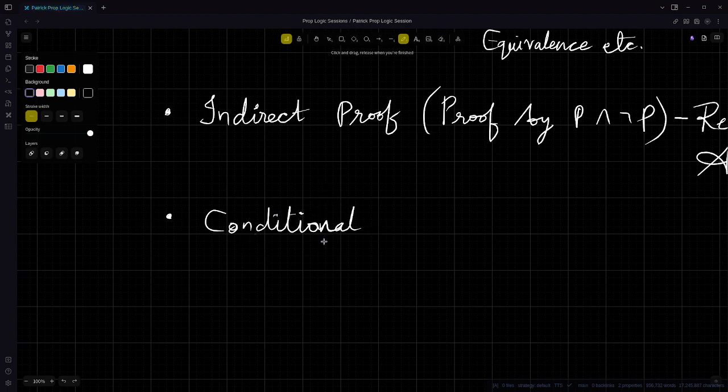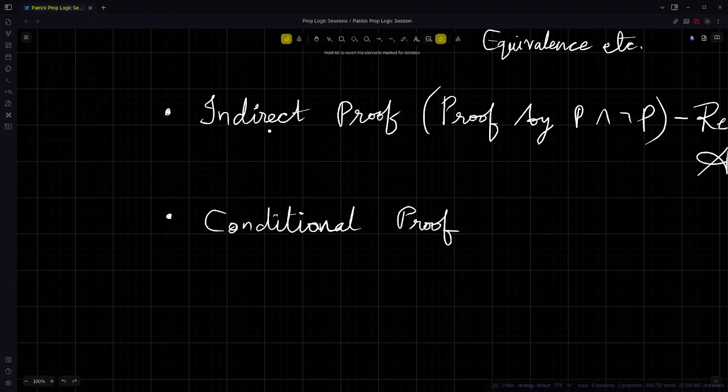Conditional proof. So I'll briefly tell you the structure of each of them. The structure is you start with some proposition you want to prove. What you do is you assume that thing is false.